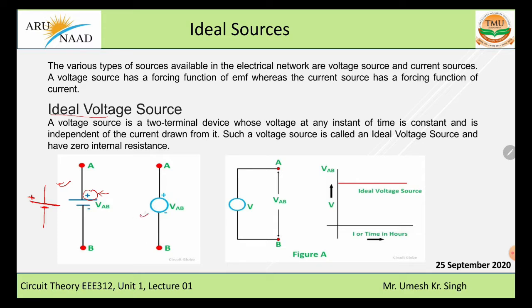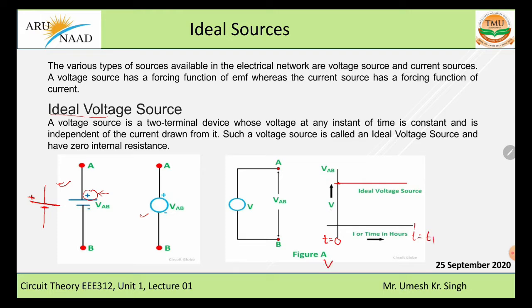Or we can represent it as plus minus. Now if we draw a VI characteristic, or voltage characteristic with respect to time, then we can see that for a constant or DC voltage, if this voltage source is ideal, then the voltage at t equals 0, or at t equals t1, is the same.